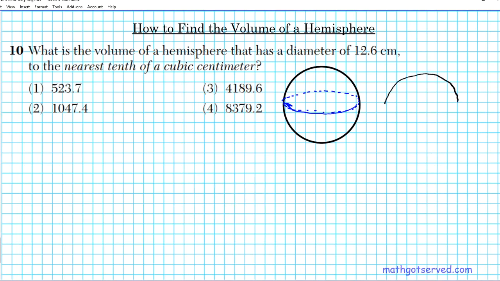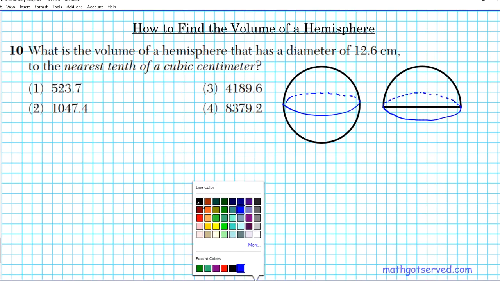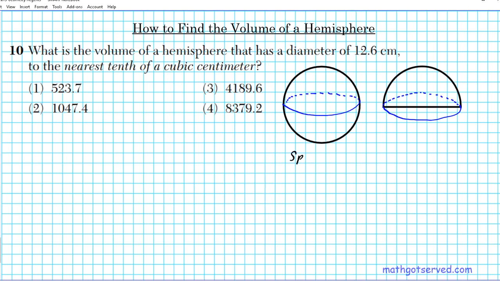So let me just do this. I just took this sphere right here and I cut it in half, and then what we have is a hemisphere. So that's the relationship. This is a sphere and this is a hemisphere.